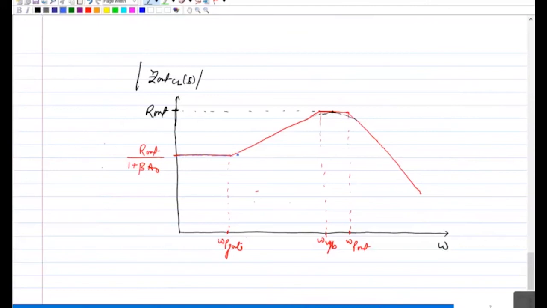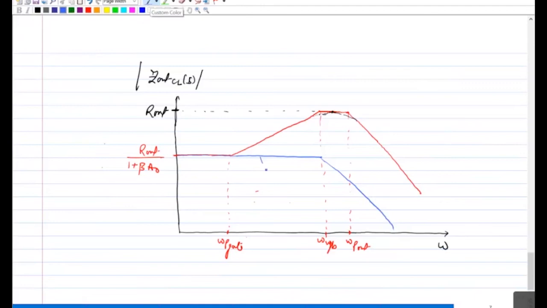And where will it go? Where is the pole? Can we tell the pole in this case 2? At omega UGB, yeah. So you get a pole here, and after that, it will do like this.